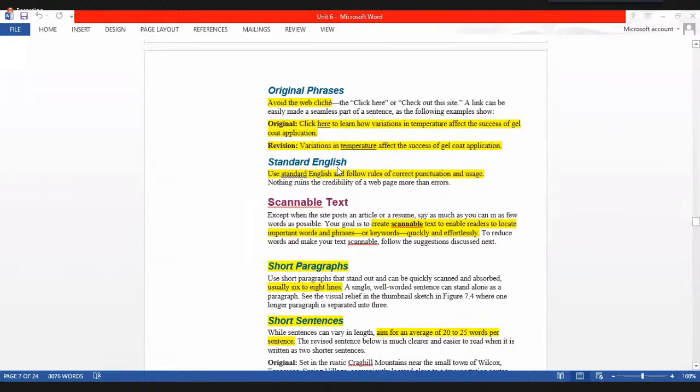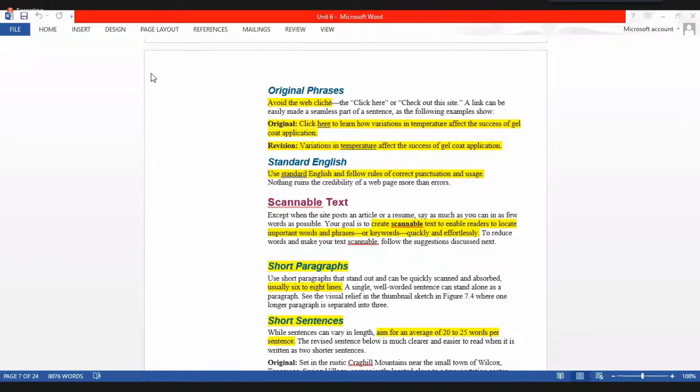And then standard English. You have to use standard English. In standard English, what do we do? Follow rules of correct punctuation and usage. The rules of grammar you have to follow. Rules of punctuation and grammatical use, that is grammar, you have to follow. That will be standard English. Generally, when you send any message to your friend, what do you do? For example, if you have to write "it's for you," how do you write?